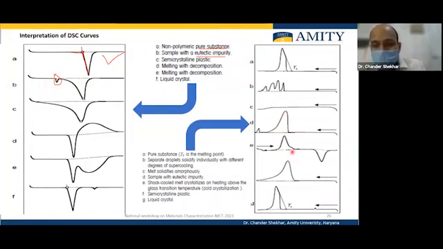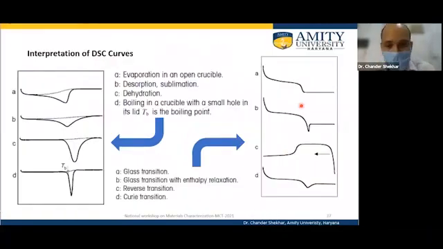And if there is a material which is plastically deformed, and once that is heated, there will be crystallization, and then let's say there's a glass transition or cold crystallization. So depending upon the kind of material, from the peak we can make a very good guess about what kind of transformation is happening.